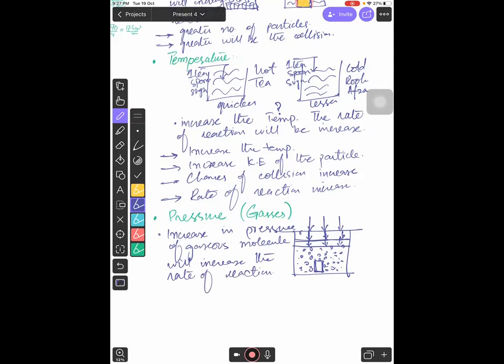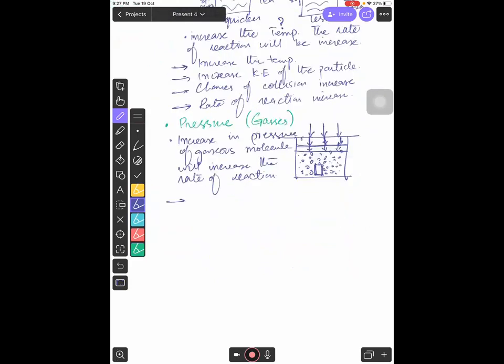And what is the reason? Increase the pressure, most of the time they ask this, now. Increase the pressure to cause molecules of gases to come closer.